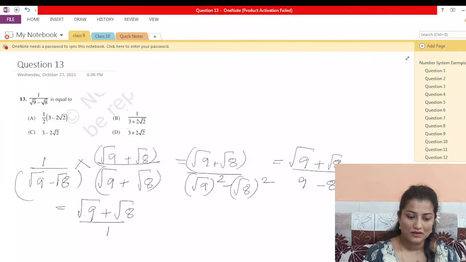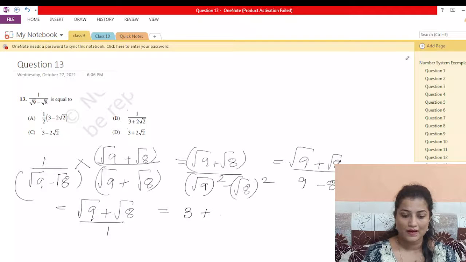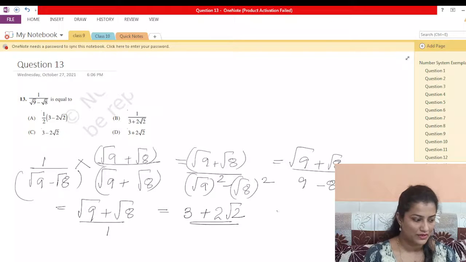Now further, root 9 plus root 8 can be solved as root 9 is 3 and root 8 can be expressed as root 4 into 2. But root 4 is 2, so root 8 can be expressed as 2 root 2. So the correct answer is 3 plus 2 root 2, that is option D.